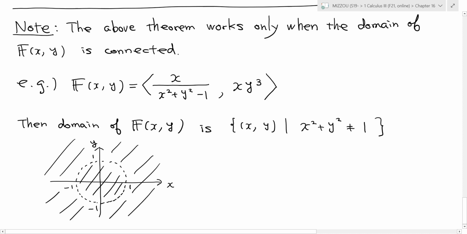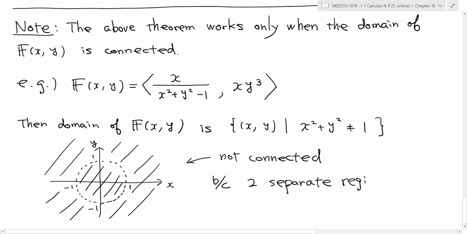Now, if you look at this domain, this is not connected. That's what connected means, basically. This is not connected because it has two separate regions, so to speak: the region inside the circle and the region outside the circle.